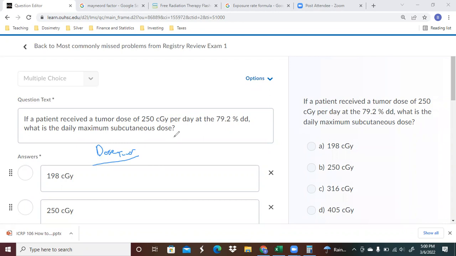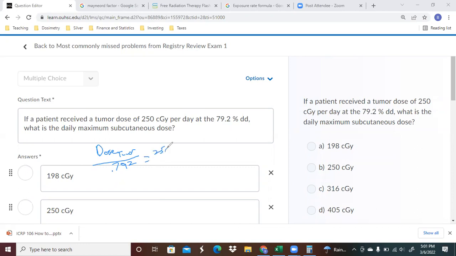Skin is usually defined as going about 5 millimeters below the skin. It's not the same with every particular energy, but shooting for the Dmax is usually what we end up doing to try to get an idea. Although nowadays, once you contour in the skin or whatnot, you can just see the information off the DVH.